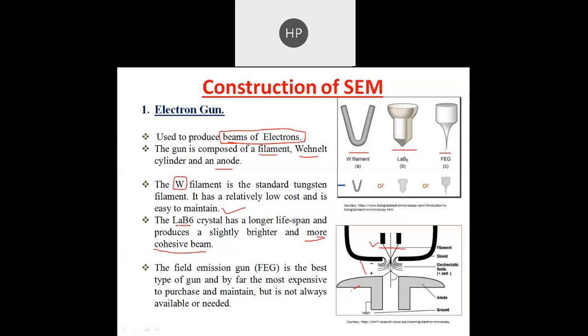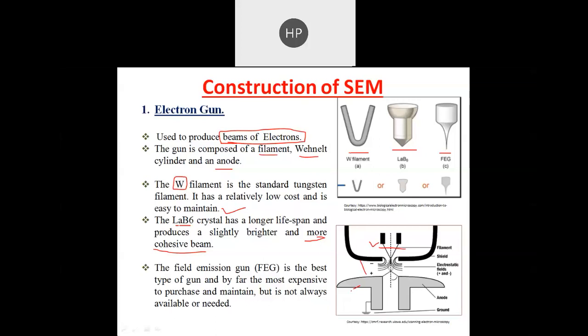It is also difficult to maintain because it requires higher maintenance as compared to both the tungsten and lanthanum hexaboride filaments, and that's why generally it is avoided and not always available or needed.